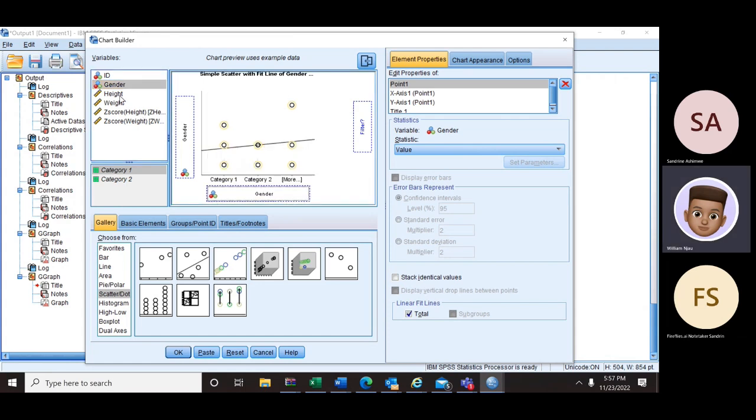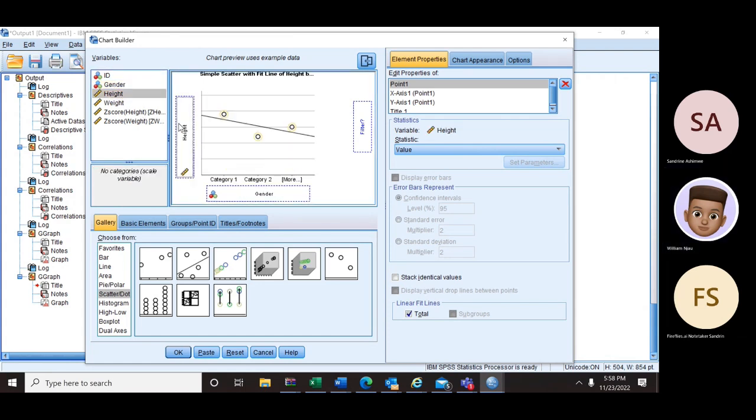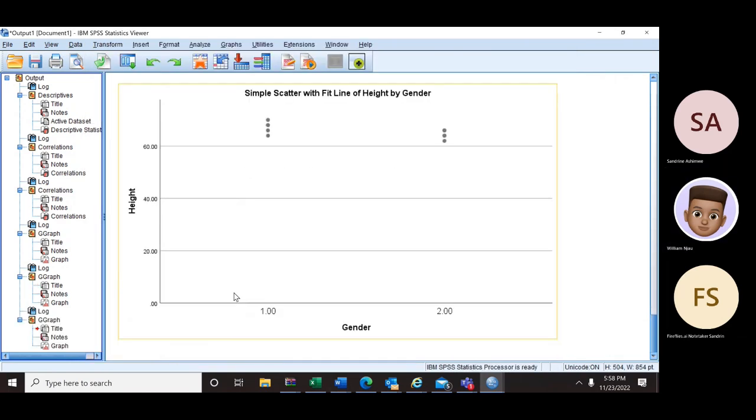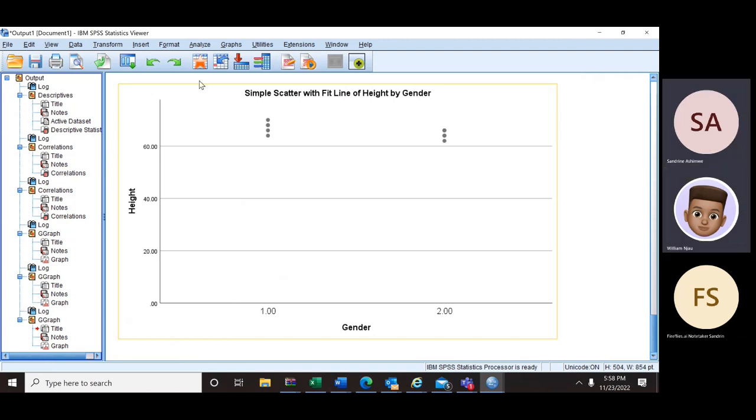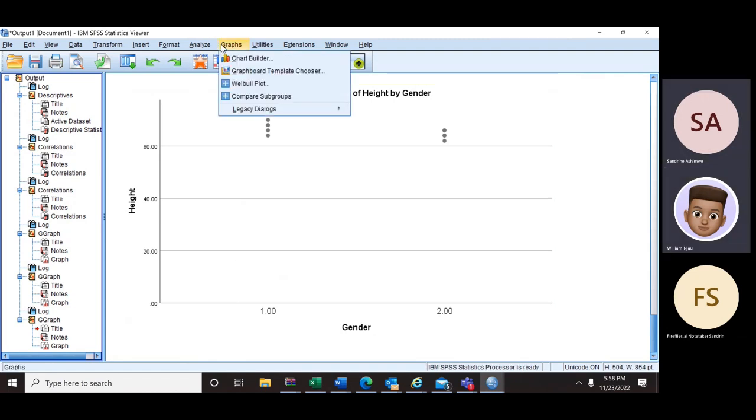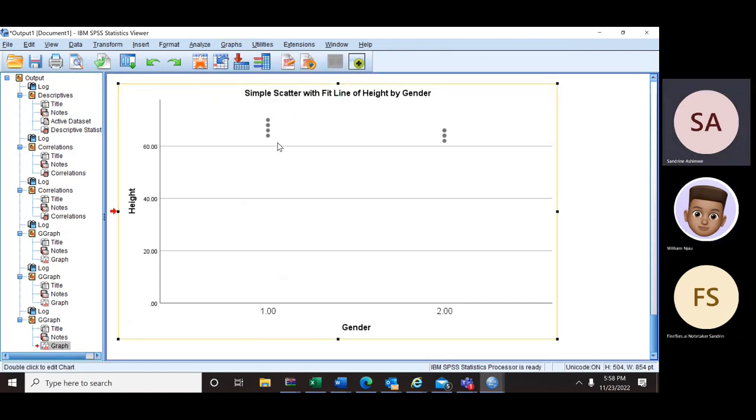Now remember, it's still on the Y, so just remove all that. Now say okay. What does this even mean? You see, there's 1 and 2 on the X. No, it's okay. That's how it should look. Because you see, there is the 1 and 2.